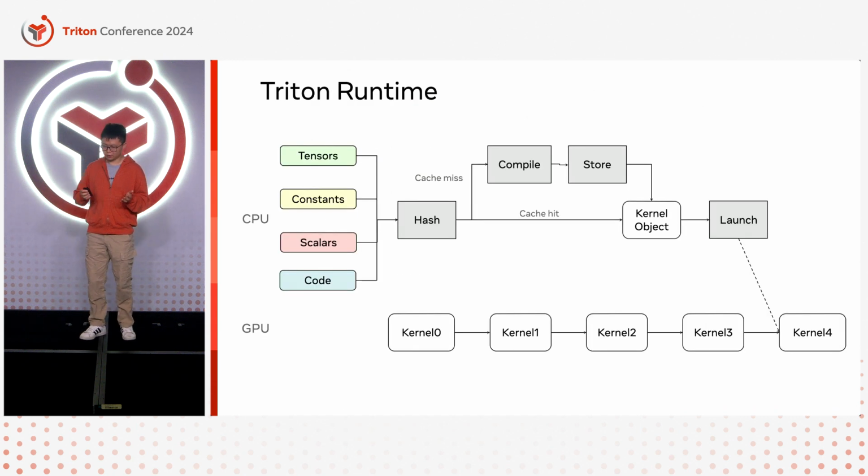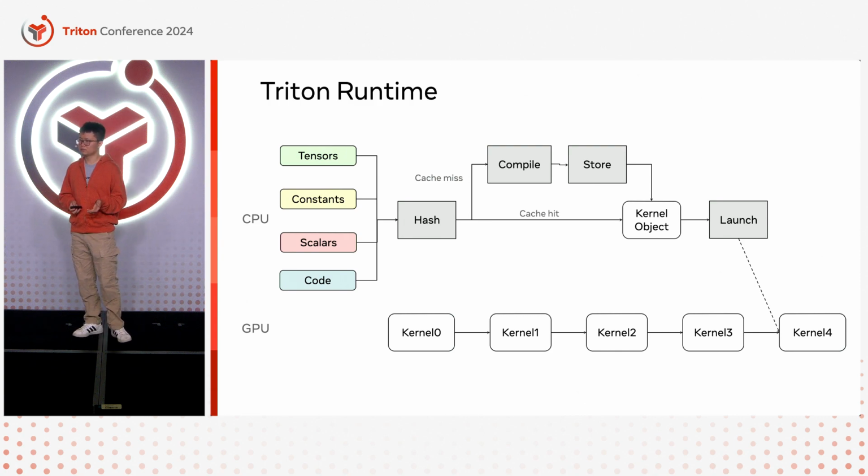To give you some more context about how Triton's runtime works, let's diverge to this diagram to show you how that works. We have activities on both CPU and GPU, where the CPU is responsible for compiling and launching kernels, while the GPU is responsible for executing the kernels.